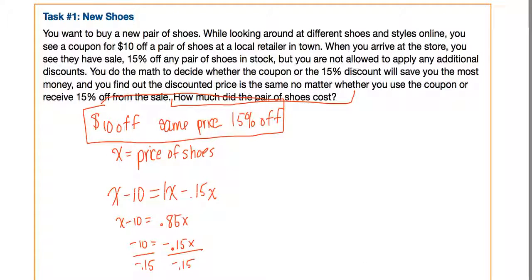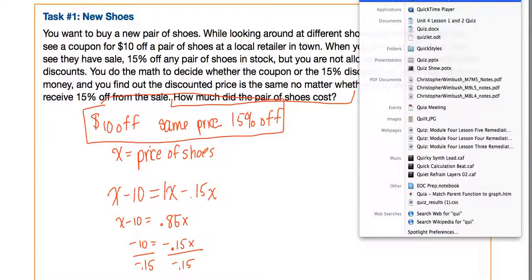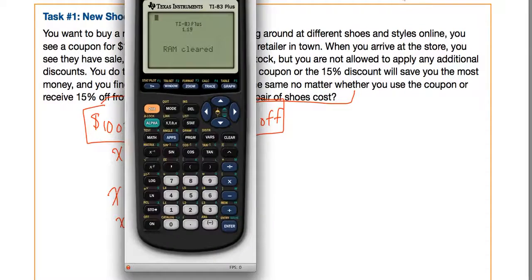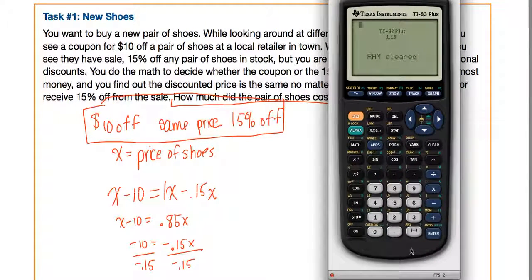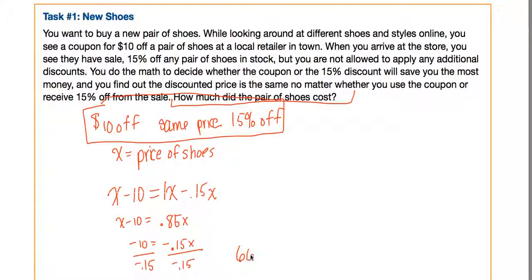You will have the calculator for your test, so you can put it in exactly as it looks there. And you get $66.67. So the price of the shoes originally was $66.67. The price you paid discount-wise would be $56.67.